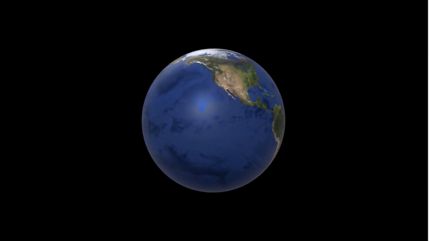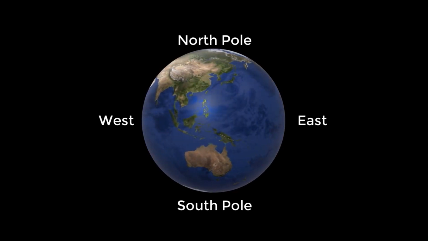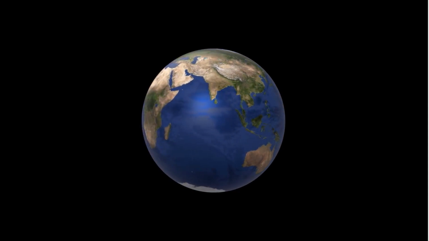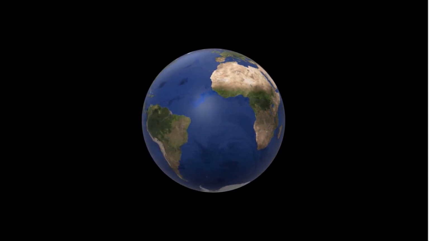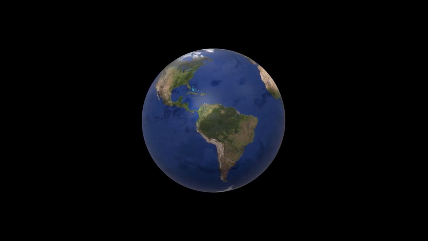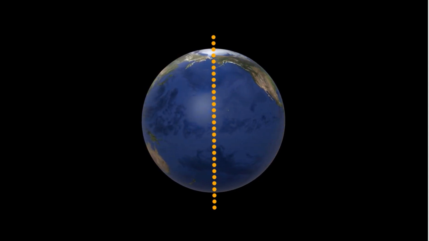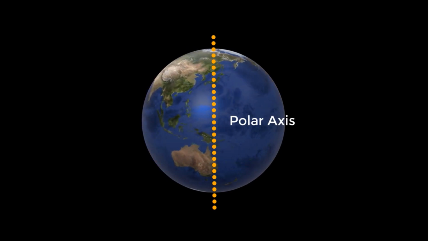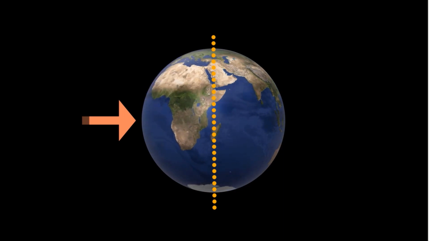Now we will learn about North Pole, South Pole and east or west direction. To define direction, we need a datum or reference point so that direction can be measured. As we know, the earth rotates about its polar axis. The direction in which the earth rotates is called east.